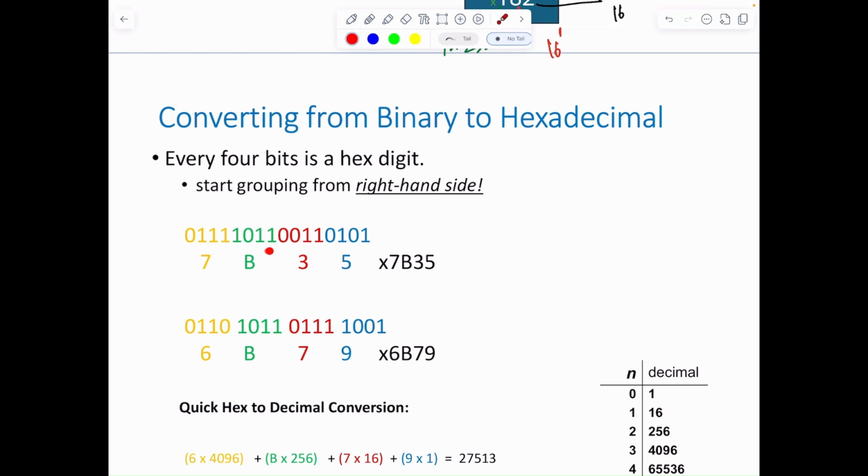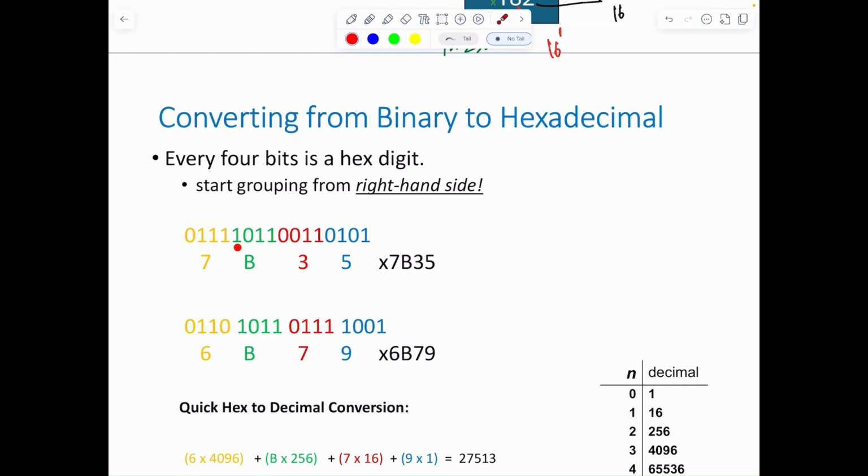Let me explain. The reason we are looking into hex is that we don't want to deal with huge numbers. Remembering this many binary digits is very difficult for me. This is a 16-bit binary system, right? In the olden days, we had 16-bit computers.